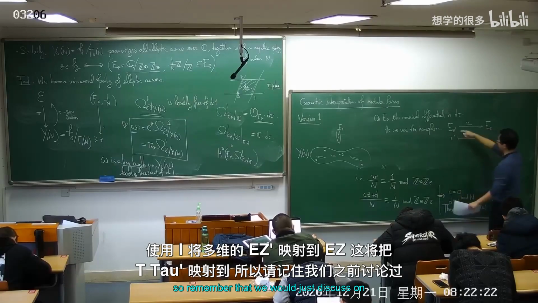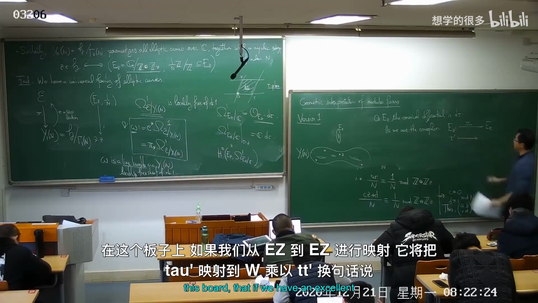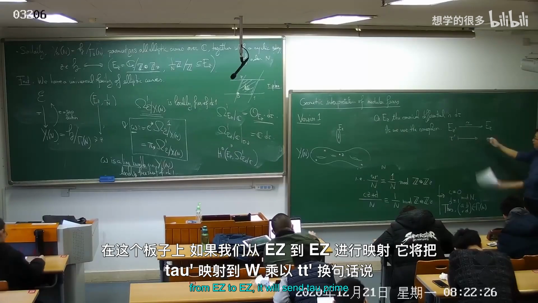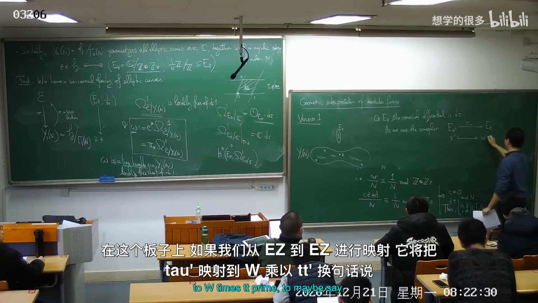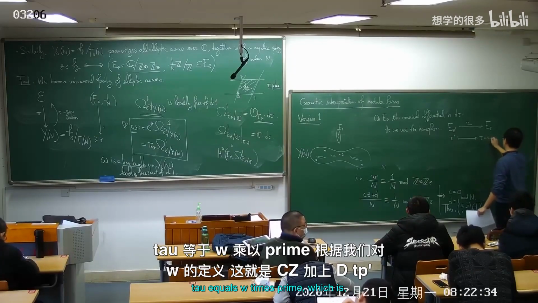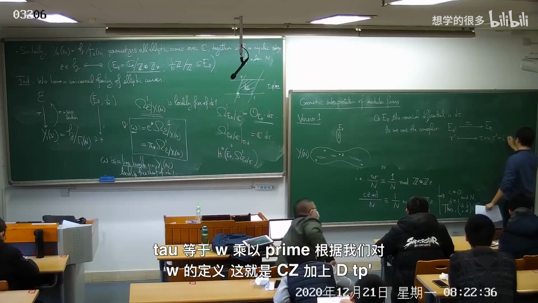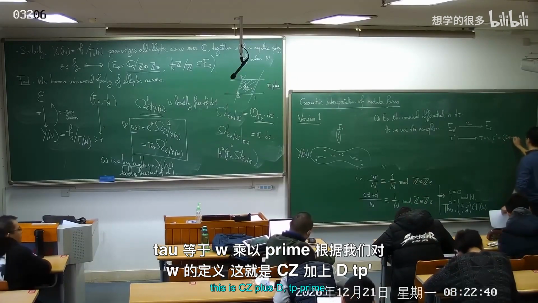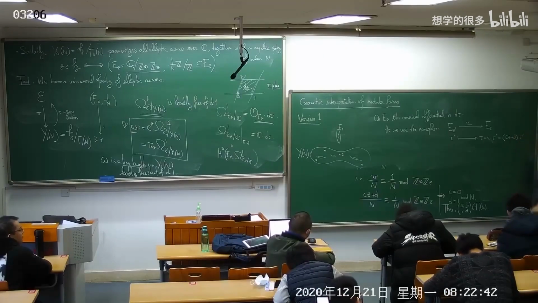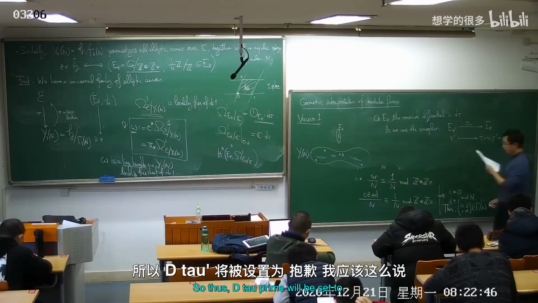Remember that we just discussed on this board that if we have an isomorphism from EZ prime to EZ, it will send tau prime to W times tau prime. Say tau equals W times tau prime, which by our definition of W, this is CZ plus D, times tau prime.